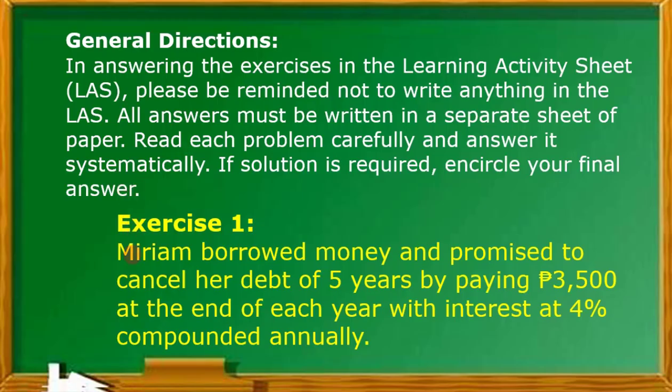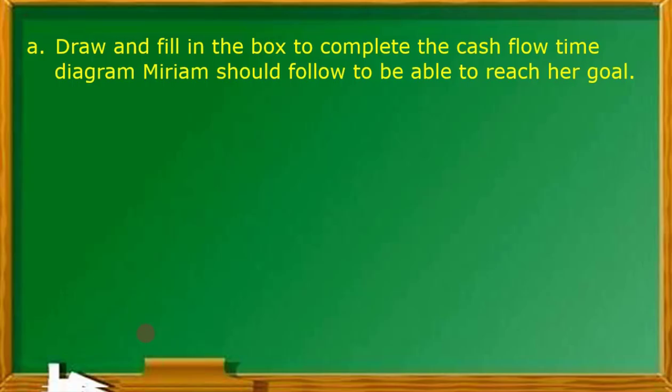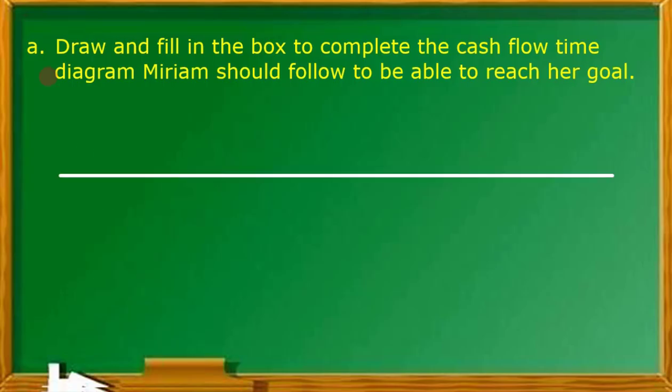For exercise number 1, Miriam borrowed money and promised to cancel her debt of 5 years by paying 3,500 at the end of each year with interest at 4% compounded annually. Okay. So, letter A, draw and fill in the box to complete the cash flow time diagram Miriam should follow to be able to reach her goal.